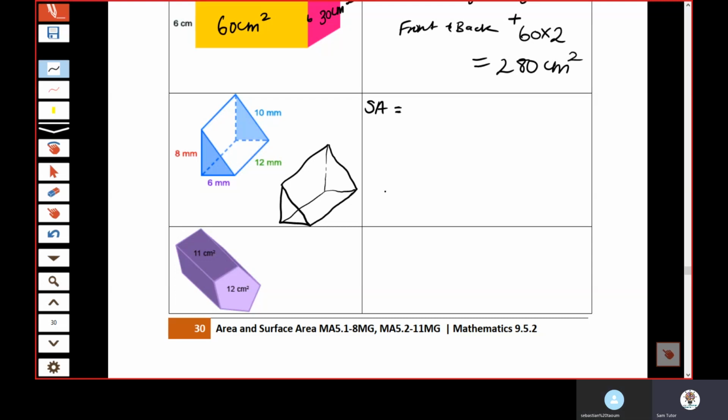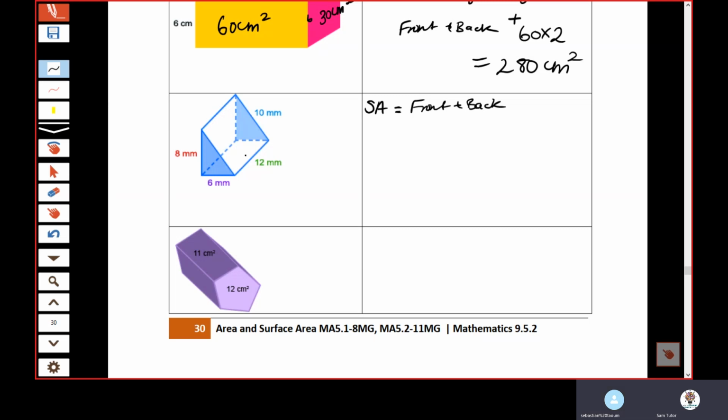Okay, are you ready? I'm writing the measurements. Okay, so remember, it's got to be all the faces. So let's do the front and back face first. Well, what's the shape of the front?